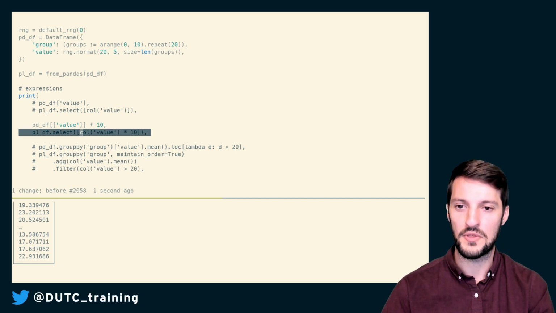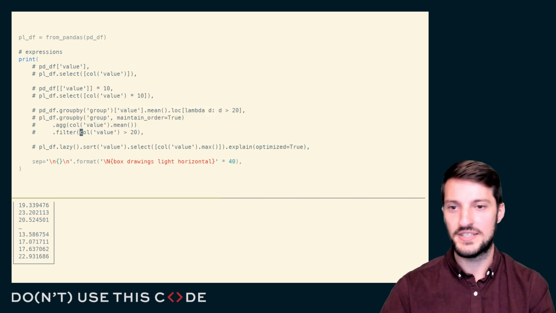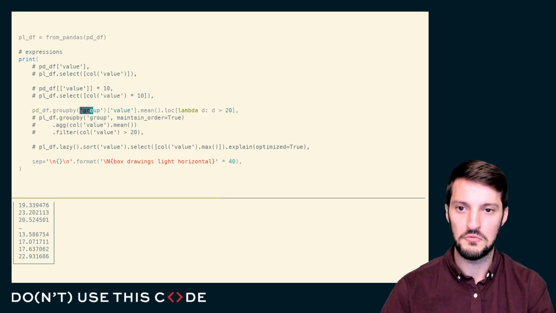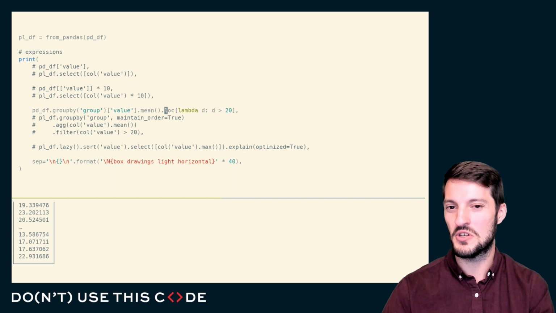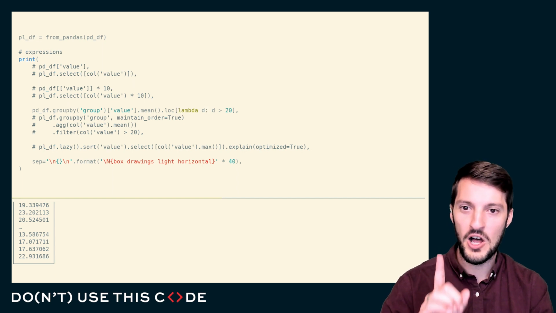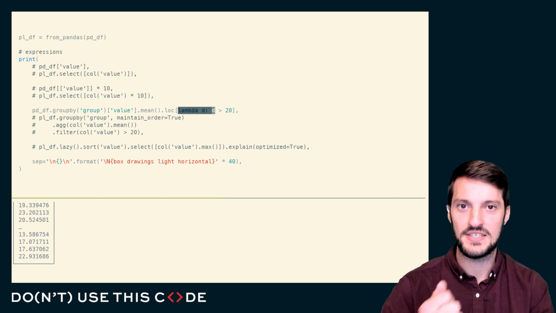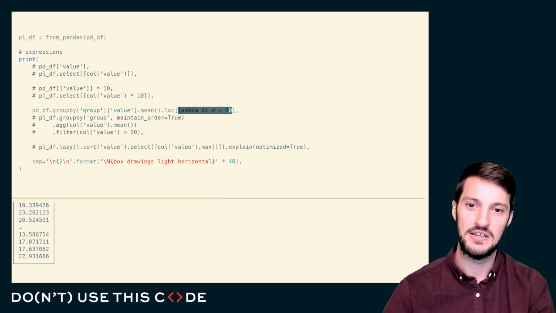I'll show you one more thing before we get to a deeper discussion of context in Polars. In pandas, if I wanted to perform something like a group by mean, well, I can group by the group, select the column out that I want to perform my statistic on, and then say on that result, I want to perform a filter. Well, if I want to perform a filter on that specific result, I need to rely on something like passing a lambda into .loc, or I could use .pipe and then use a .loc there.